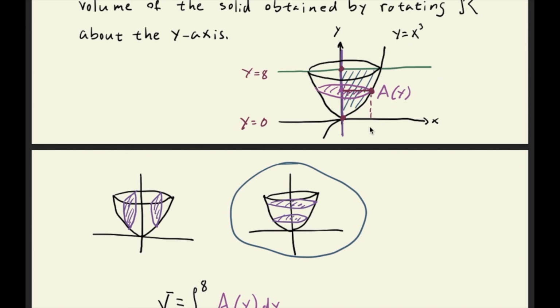So if the y coordinate is y, for the x coordinate you take a cube root here. So cube root of y is equal to x. That's the x coordinate. Cube root of y, comma y, is this point right here.